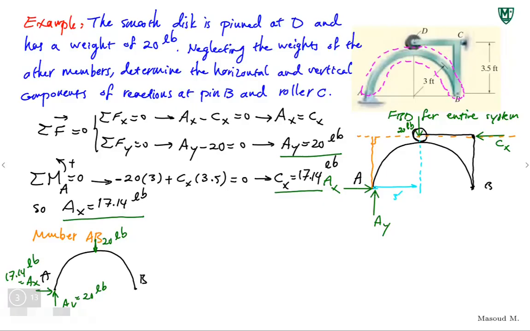The weight of the disk is applied to it. I have two reaction forces at A, and then I'm looking at point B. It's a connection between AB and BCD, so I'm going to have two forces there. I'll just go based on what I see. Most probably BX should be in this direction to keep this in equilibrium, and let's put BY in this direction.